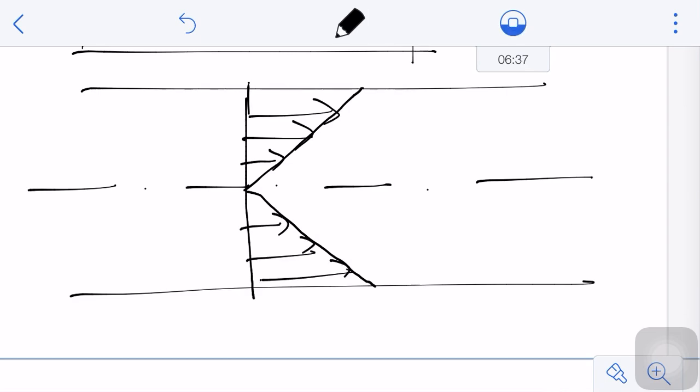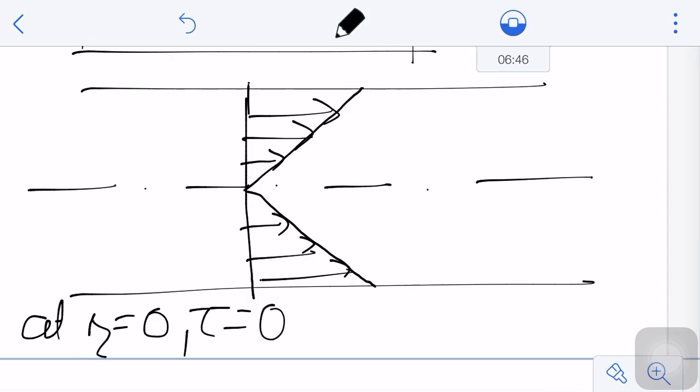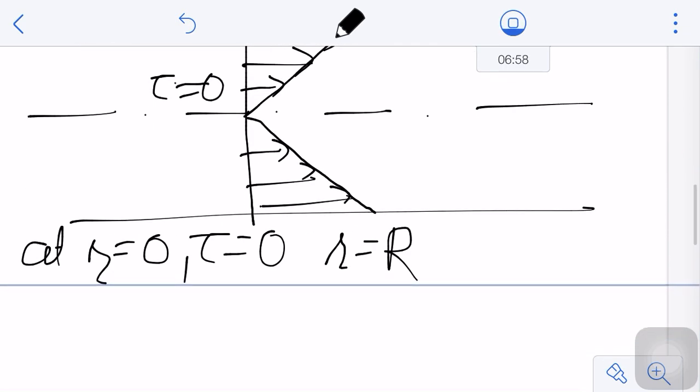And if you see here, at small r equals 0, tau is also 0, that is, at the center of the pipe. And as you move away from the center, when small r becomes equal to the radius of the pipe, that is capital R, then tau is equal to tau maximum, because it gives the maximum value of shear stress.